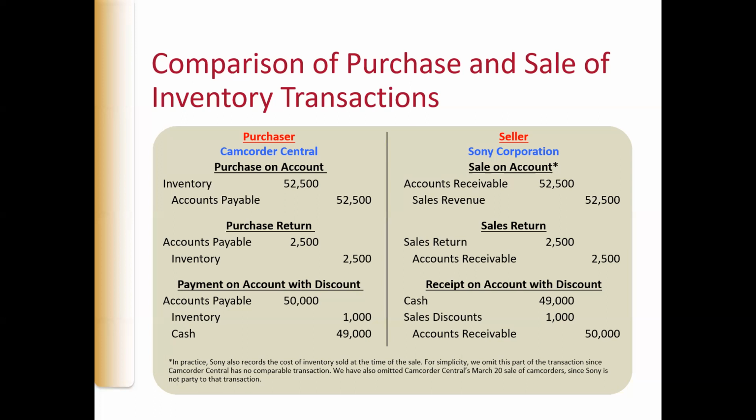So the return will happen on either the purchaser's or seller's side, right when the purchaser sends it back or the seller receives it. Now the purchaser will just debit the payable because they now owe less and credit their inventory, but the seller is going to be careful and show it was a sales return. Because they want to keep track of whether certain goods are getting returned more than other goods. Maybe something's wrong with them.